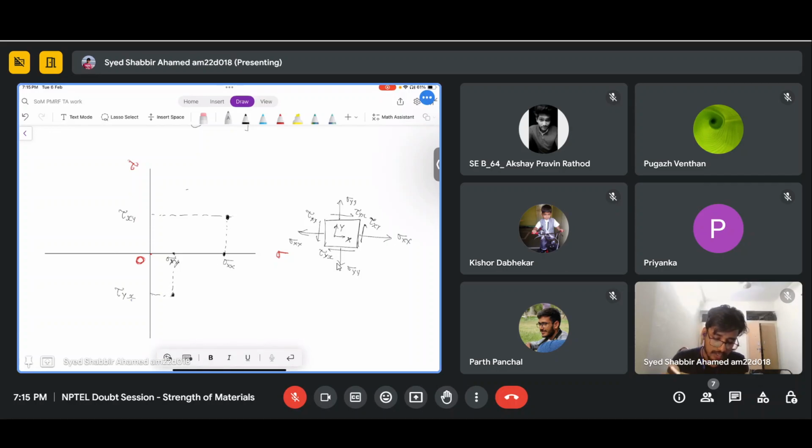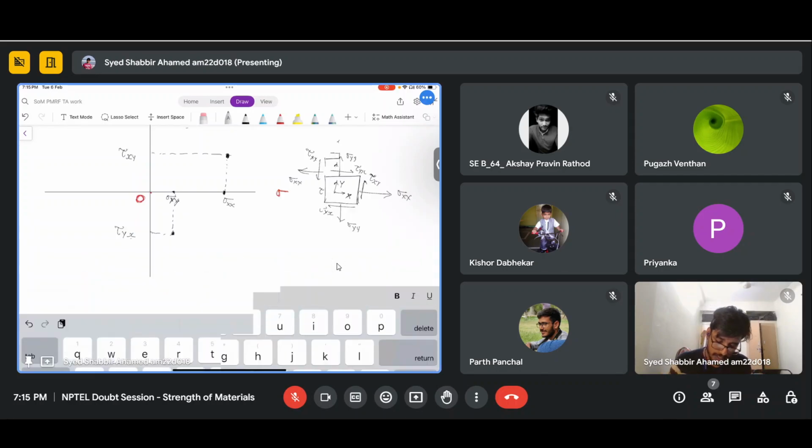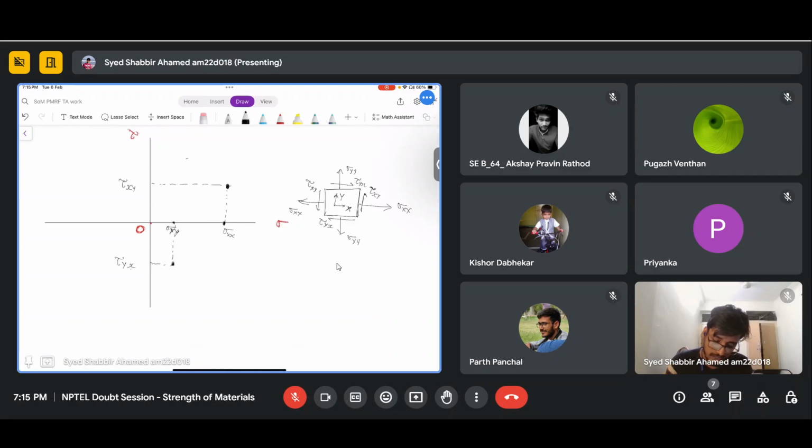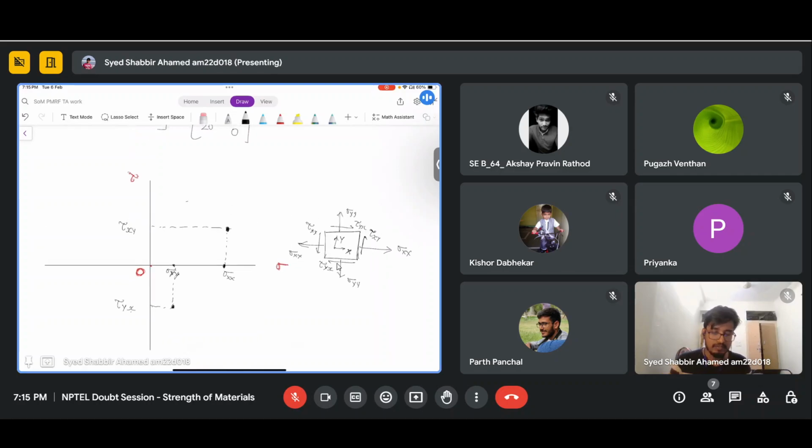We have drawn the state of stress on the x plane and y plane, and these 2 points are representing them. In the 2D Mohr circle, because this is a 2D element which I have taken, this point is representing this plane, and this point is represented by this plane.